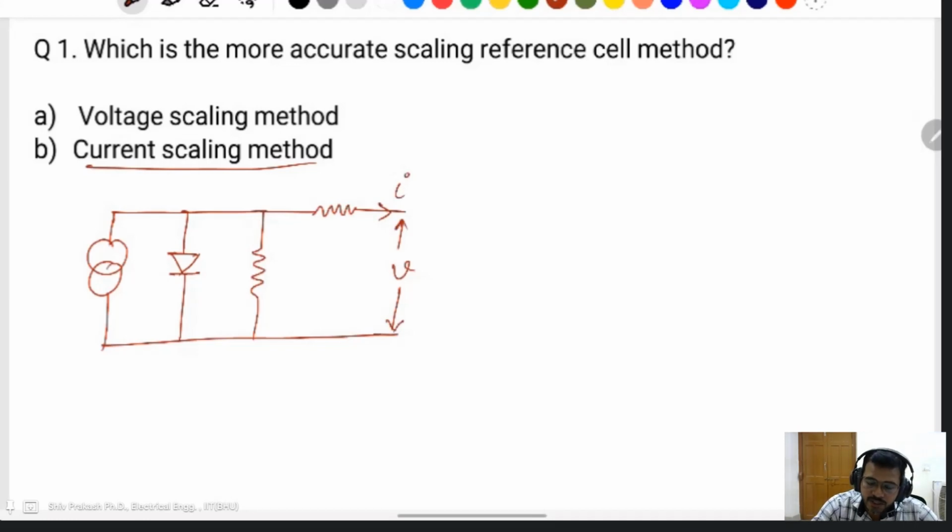This is the cell terminal voltage and cell terminal current. This is the PV cell. This is the photocurrent IP. I think you all remember this. This one is the ID diode current, this one is the shunt resistor current ISH.